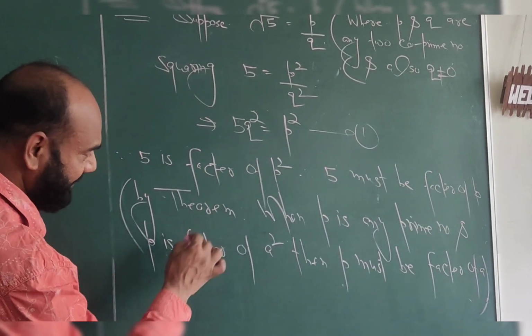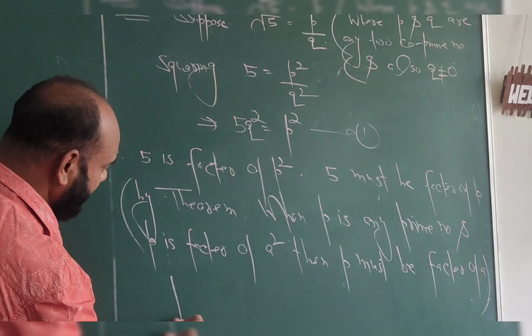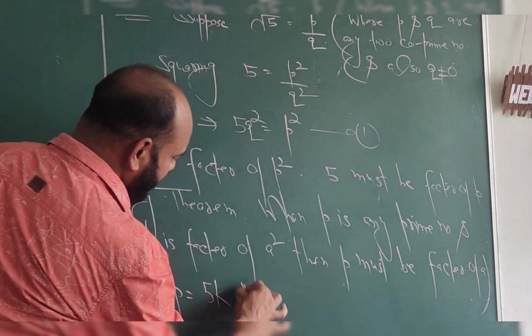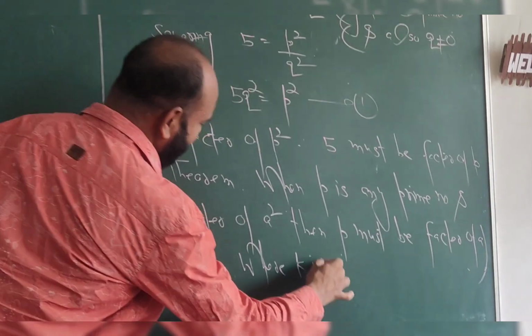And when 5 is a factor of p, then p can be written in the form p is equal to 5k, where k is any integer.